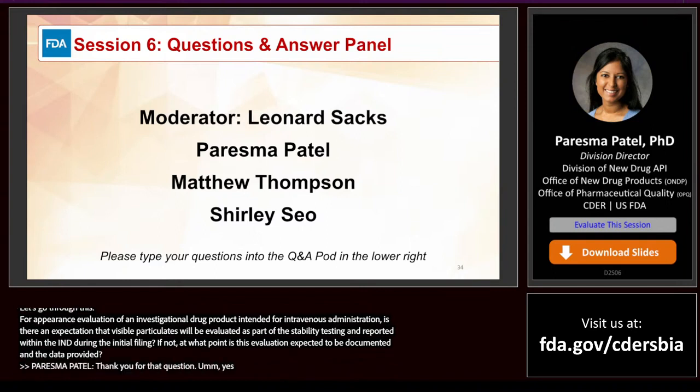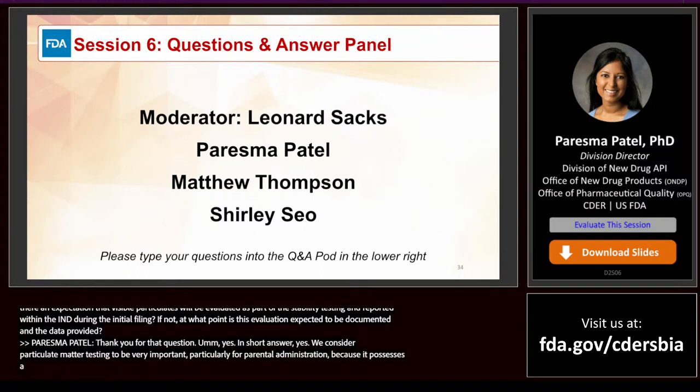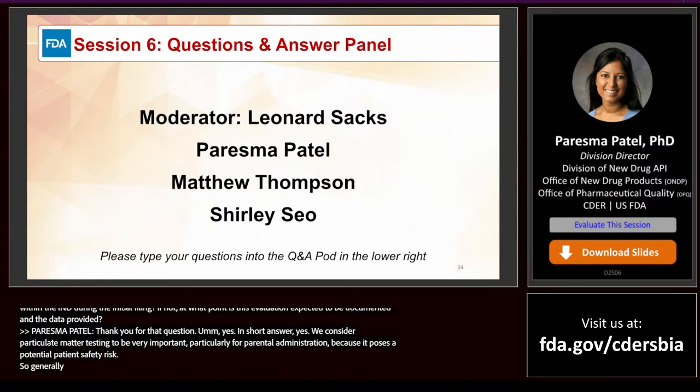Yes, in short, we consider particulate matter testing to be very important, particularly for parenteral administration, because it poses a potential patient safety risk. So generally, we would require that particulate matter is a release specification test, as well as tested on stability.